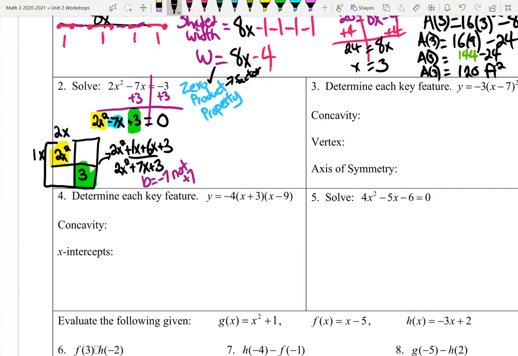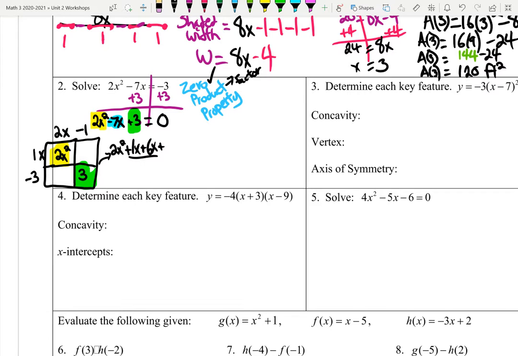So I've got to think, what multiplies to be 3? What makes a negative number? Well, the only numbers that multiply to be 3 are 1 and 3, and I did get 7. So I really did like putting the 3 and the 1 here, but I'm going to do a trick and make them both negative. I'm going to remember that a negative times a negative is a positive.